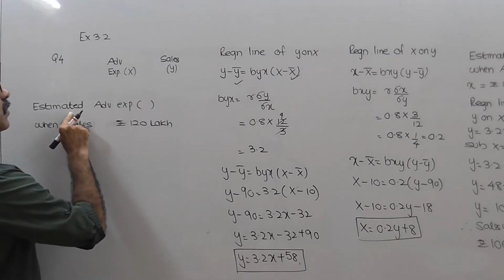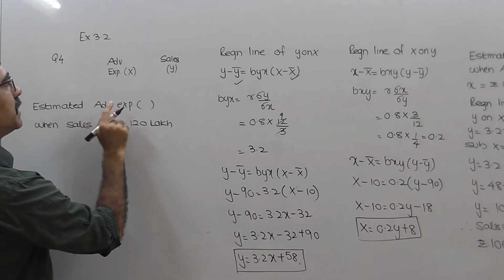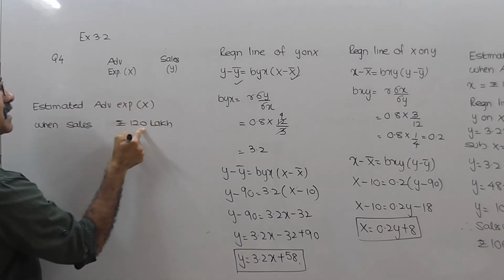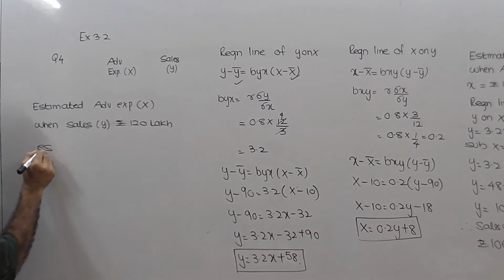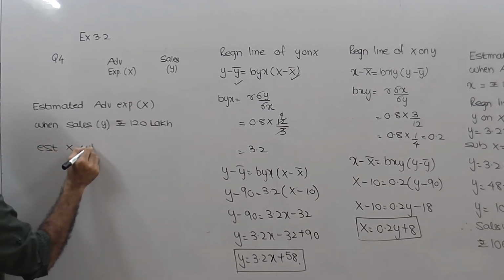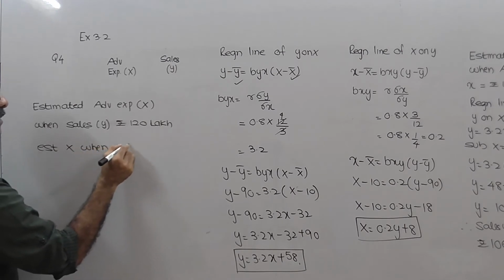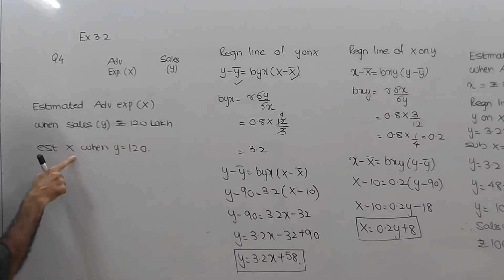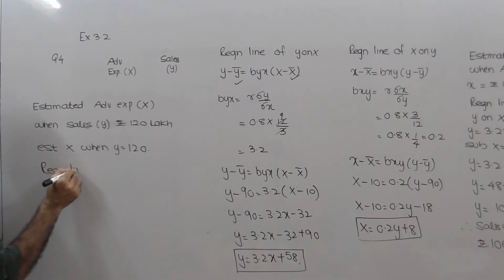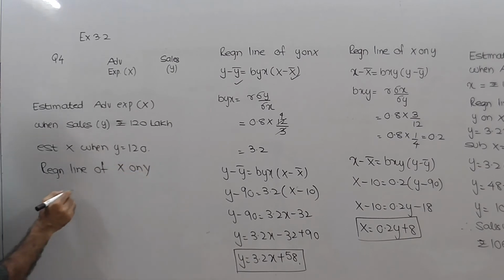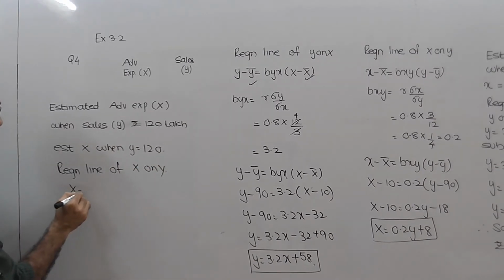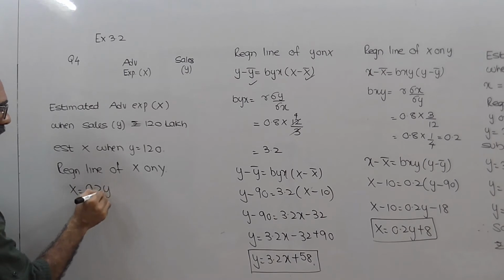Next is you have to estimate your advertising expenditure, which is x, when the sales is 120 lakhs, meaning y equal to 120 lakhs. That means we have to estimate x when y equal to 120. We need the value of x, so use the regression line of x on y, x equal to 0.2y plus 8.